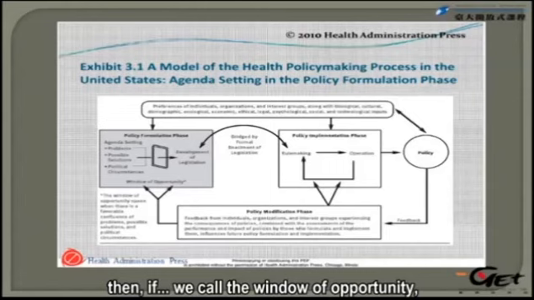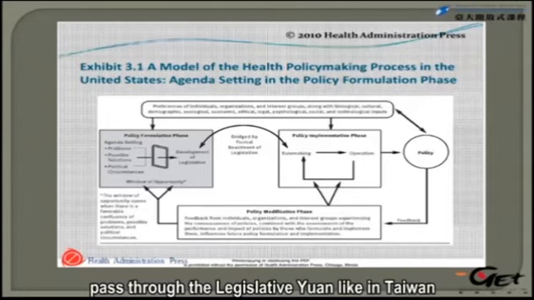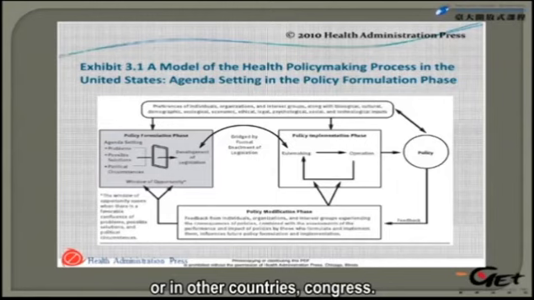Then we call it the window of opportunity. When the window opens, then you may have a chance to make your proposal pass through the legislation, like in Taiwan or in other countries, Congress.